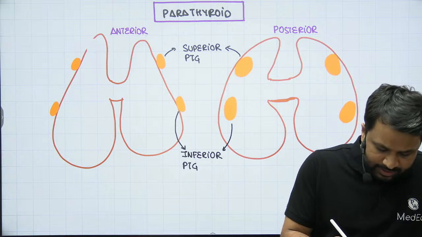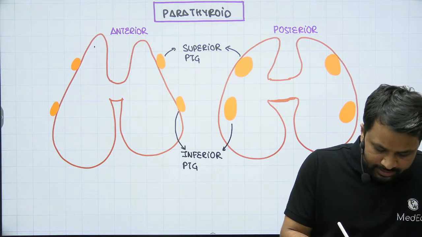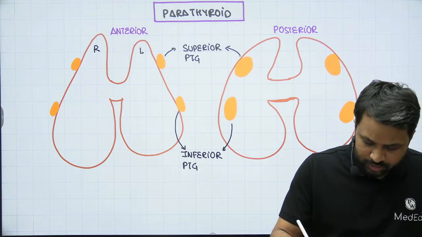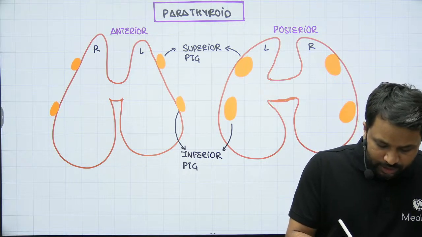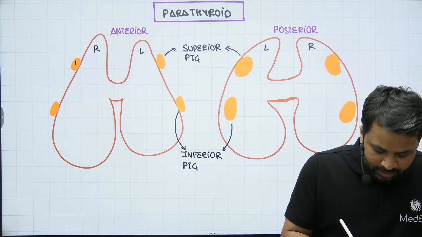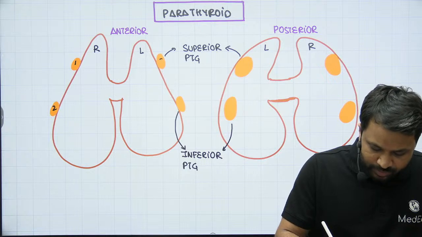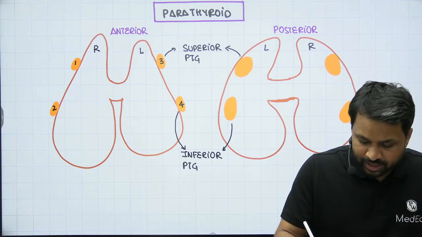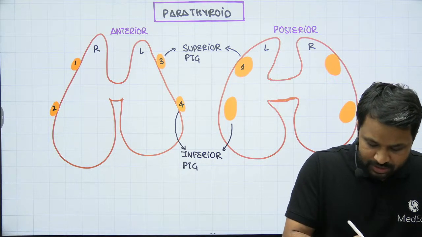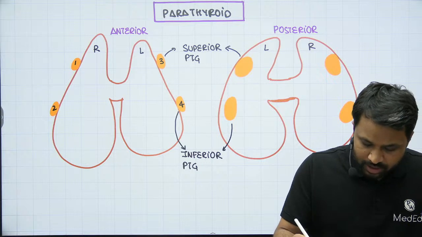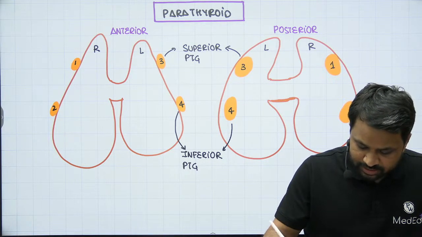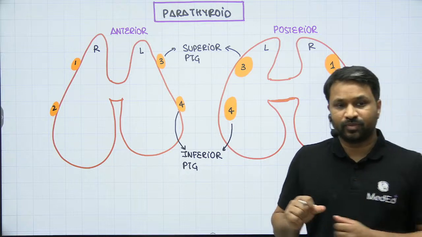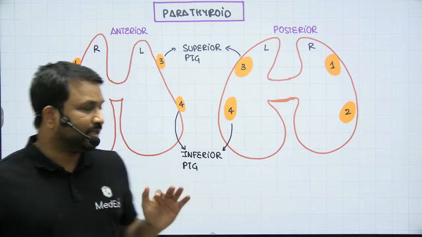If this is the right lobe and this is the left lobe, now this will become left and this will become right because it's the posterior surface. You have right superior, right inferior, left superior, left inferior, 4. If I number them, this will become your third gland, this is the fourth, this is the first, this is the second. So you have the superior parathyroid glands and the inferior parathyroid glands.